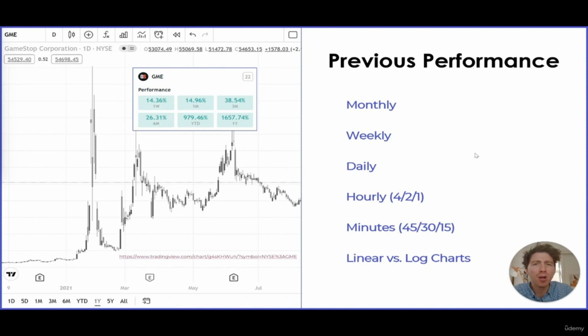This is a pretty crucial concept to understand: it's usually not a good idea to just follow the herd, but look at trading tools like TradingView, for example. Check out the previous performance of an asset and then come up with your own decision if it's a good timing to get into the market or not.